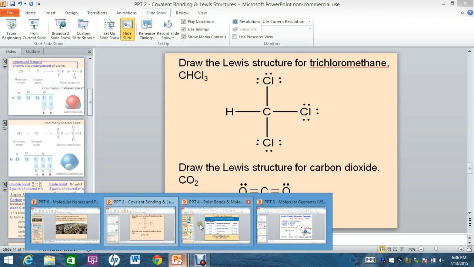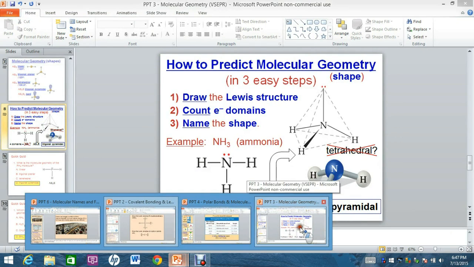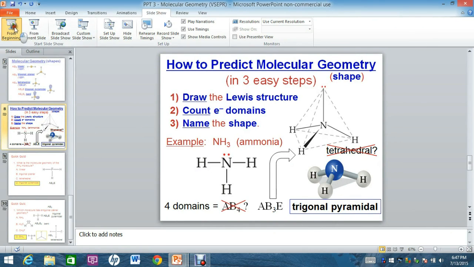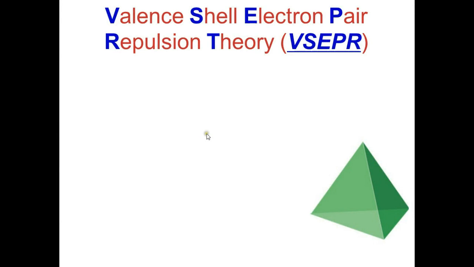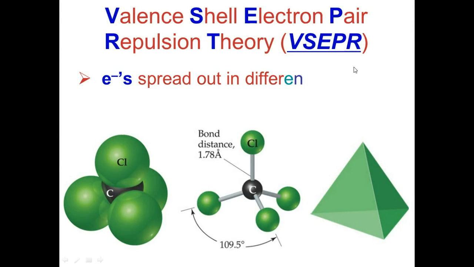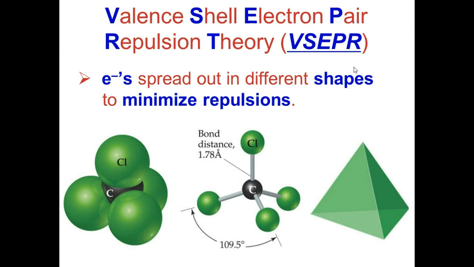And so then we move on to the VSEPR diagrams and molecular geometry. And so valence shell electron pair repulsion theory, or VSEPR, is the theory that electrons spread out in different shapes to minimize repulsions, and that's what causes these shapes.